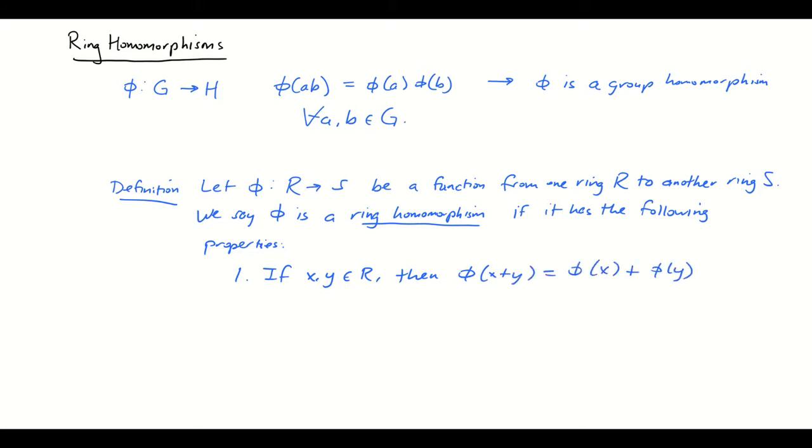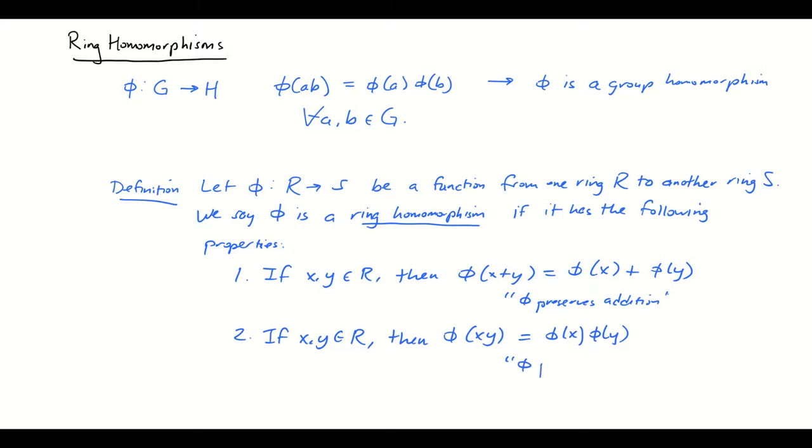That's like saying that phi preserves addition. And then number two, if x and y belong to R, then it's also true that phi of xy is equal to phi of x times phi of y. So in other words, phi preserves multiplication.